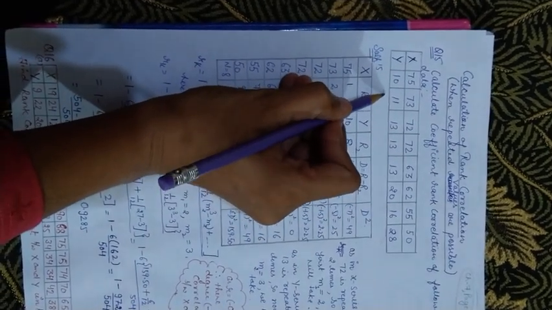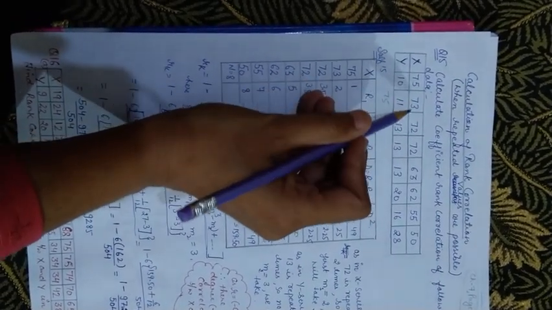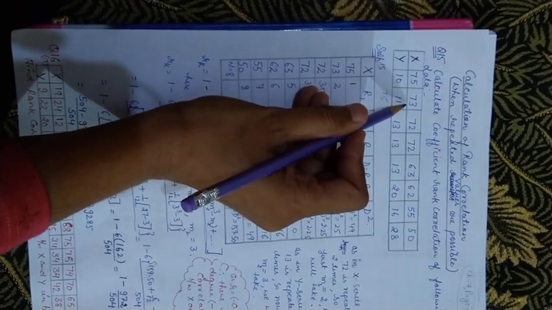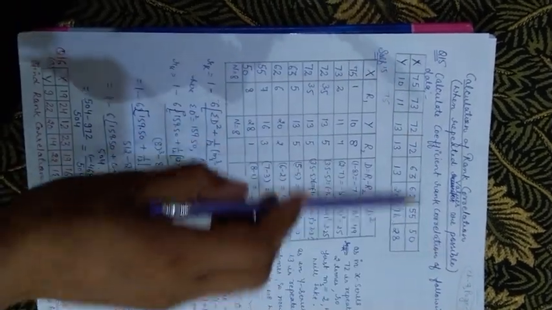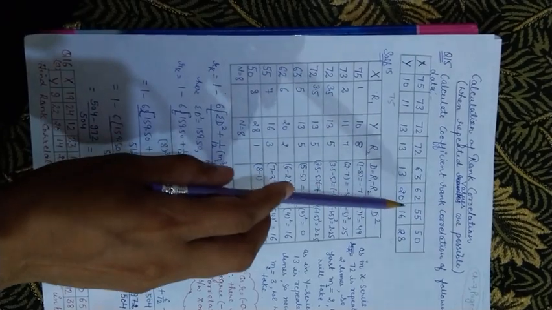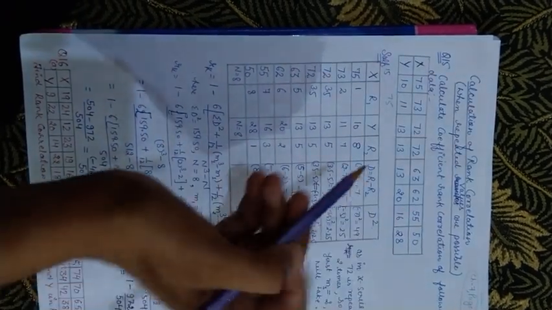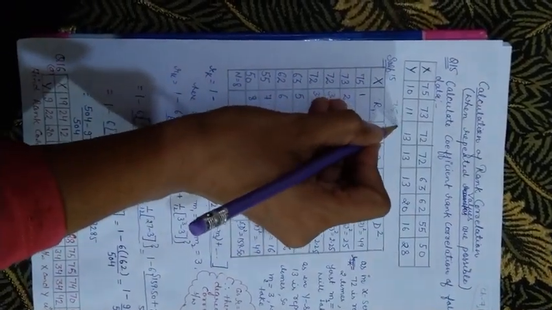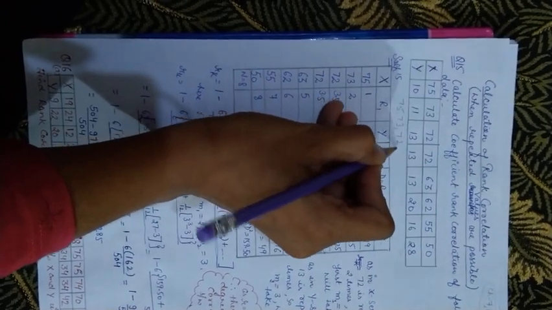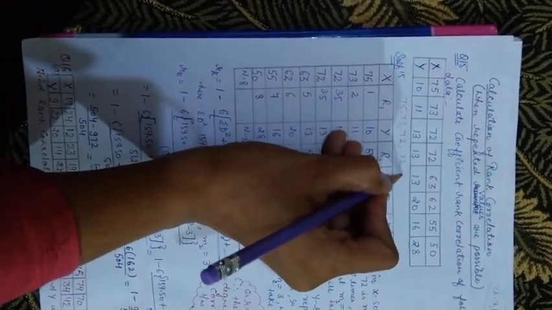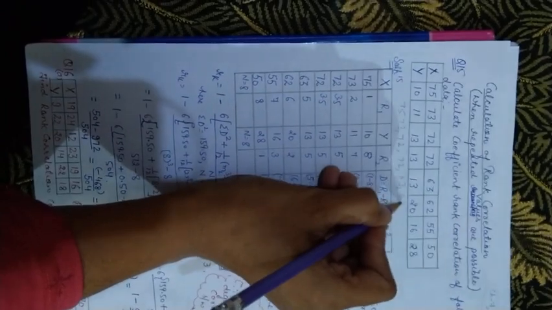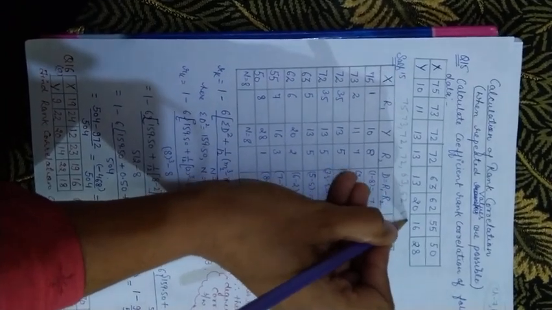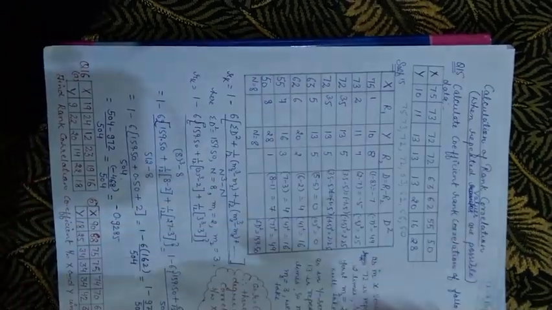So 75 will come first, then they are already arranged as you are seeing. As they have already been arranged, no great hard work is needed. If they had not been arranged, you would have to arrange them.